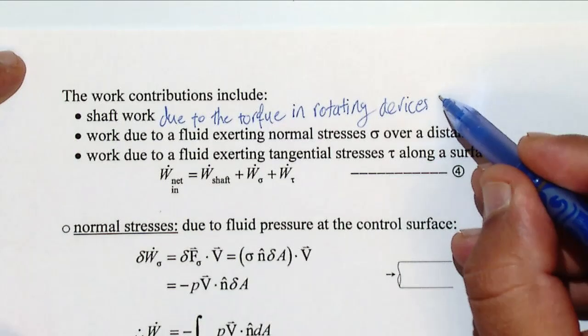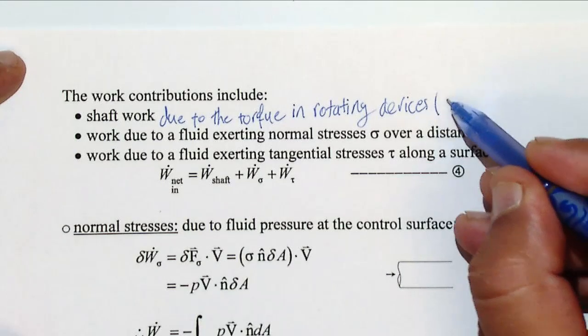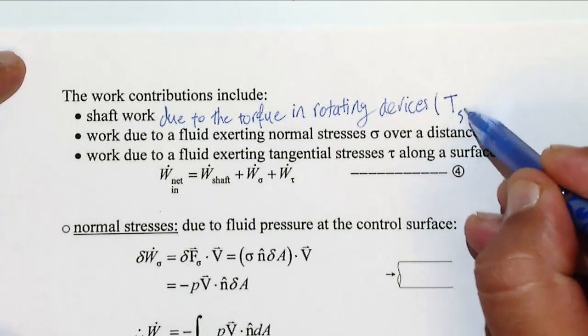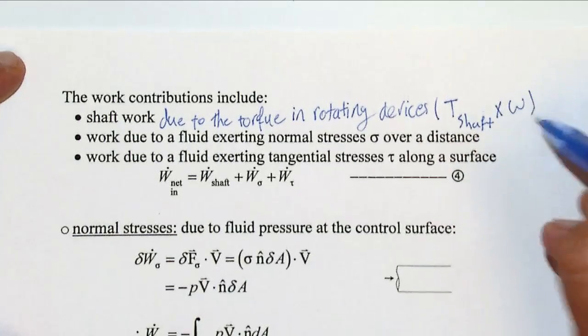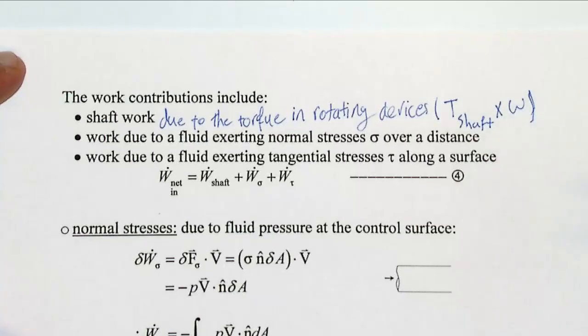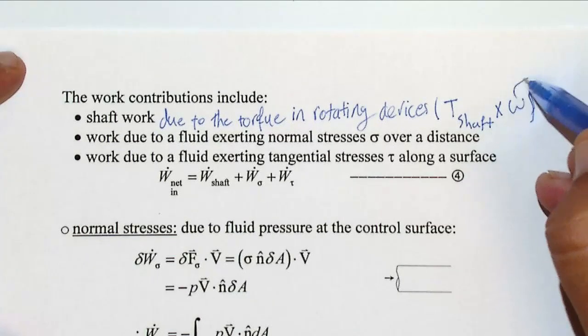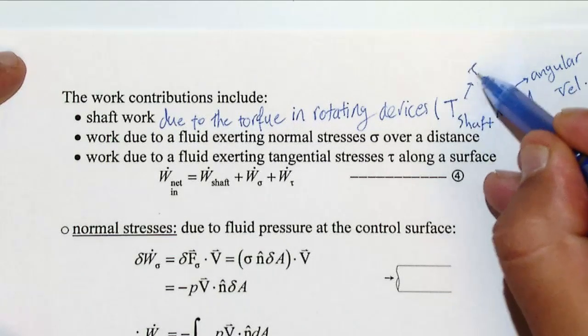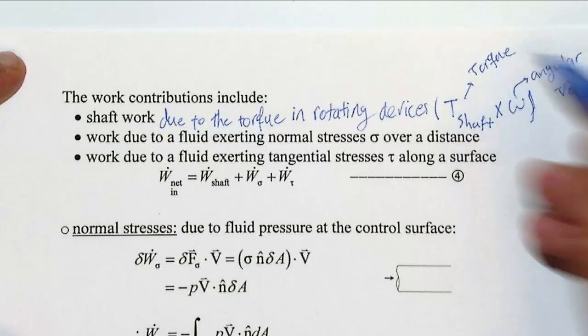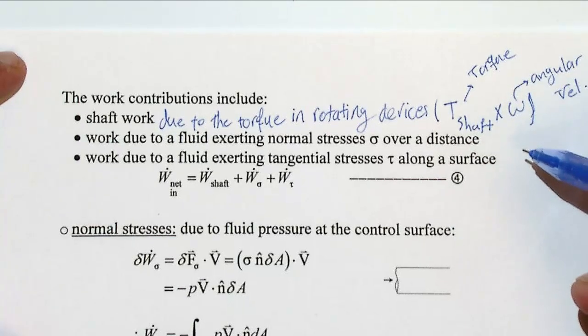If you define this torque as the torque of the shaft, and omega is your angular velocity, then multiplying these together is going to be your work by the shaft, or shaft work.